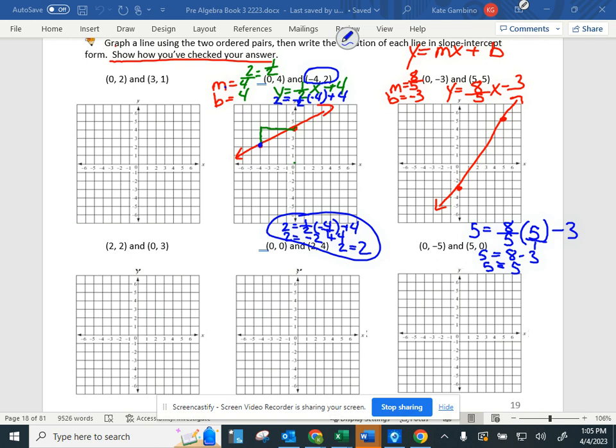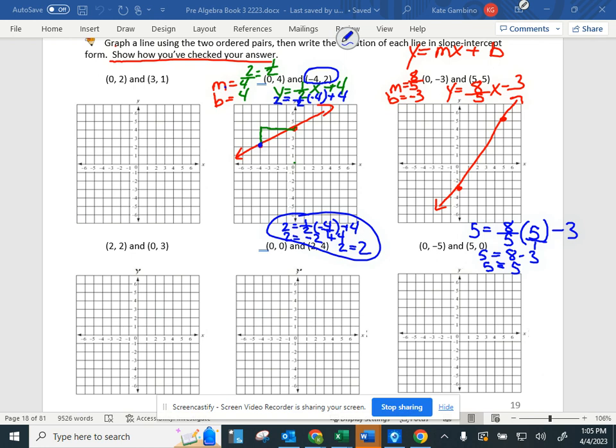Now there's a lot of people who were working on other problems while I was doing this. This is my expectation, that you have all of this showing for each one. And I hope you were following along to make sure you understood what that means. Because we don't just have this page, we have our next page to do. We have plenty of work time.